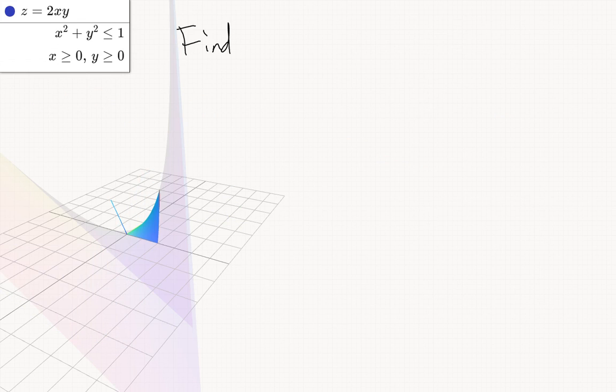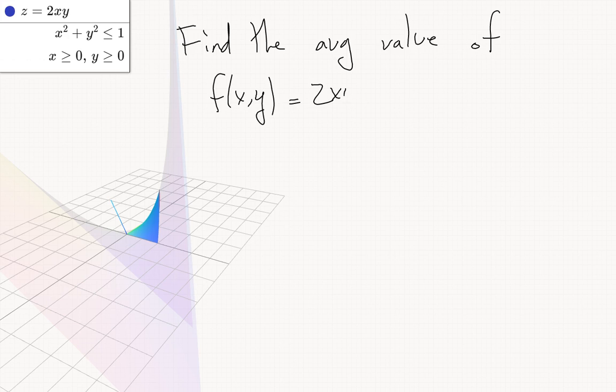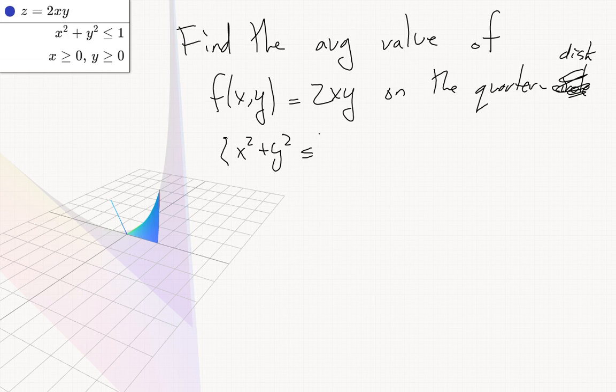For another example, let's find the average value of f of x, y equals 2xy on the quarter disk, x squared plus y squared less than or equal to 1, and in the first quadrant, so x and y are both greater than or equal to 0.